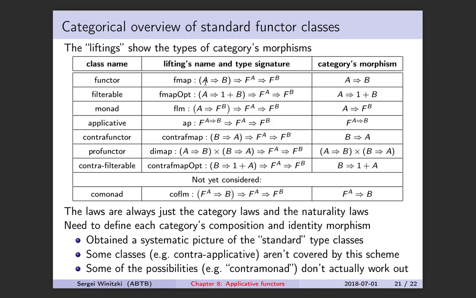We don't just take a to b, like here. We twist it a bit. We add something on top of a to b, or we can even reverse the arrow. We can have b to a instead of a to b, or a to f of b, or a to 1 plus b, or b to 1 plus a, or something like this. So it's a twisted function type. And all these liftings take a twisted function type and give me a function type in the functor.